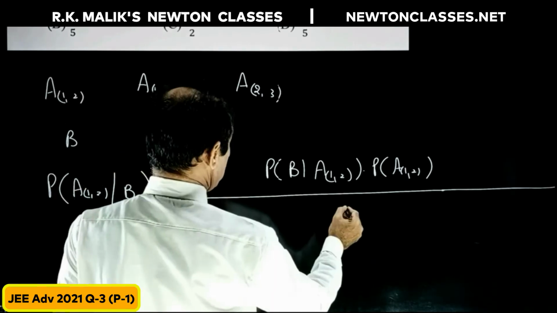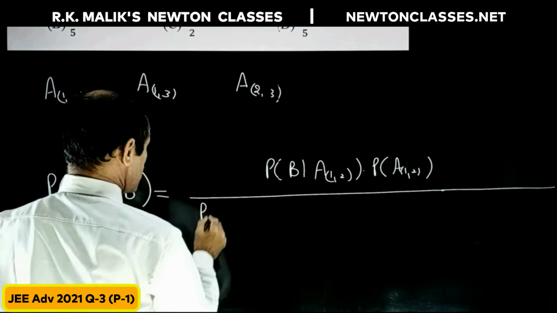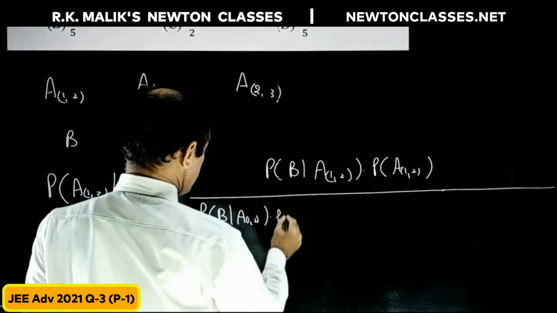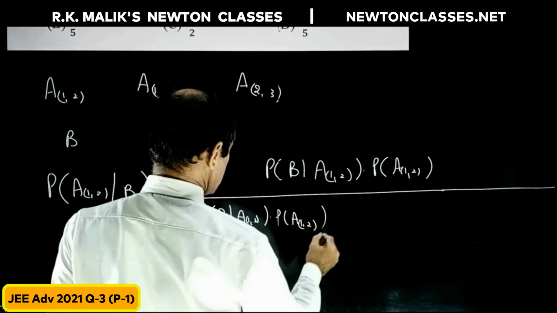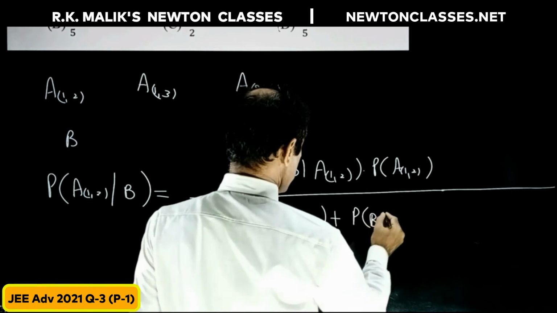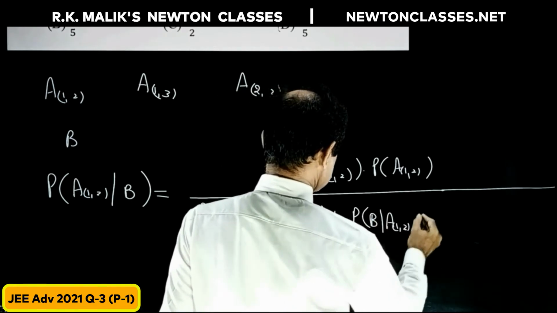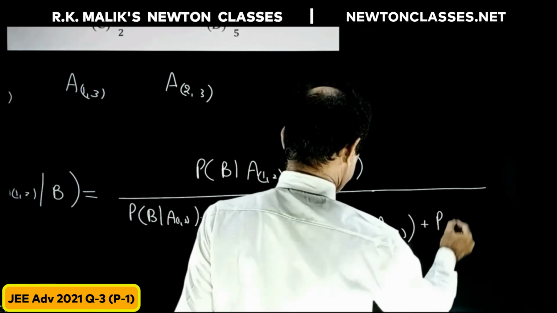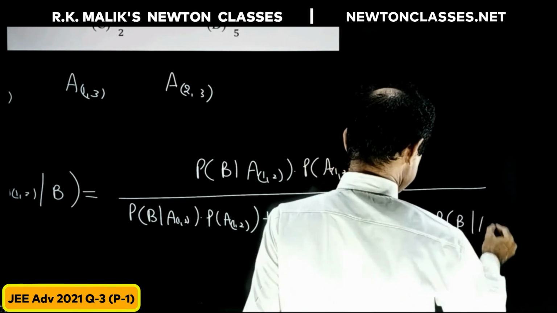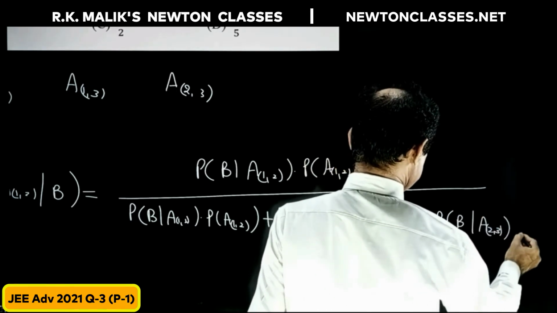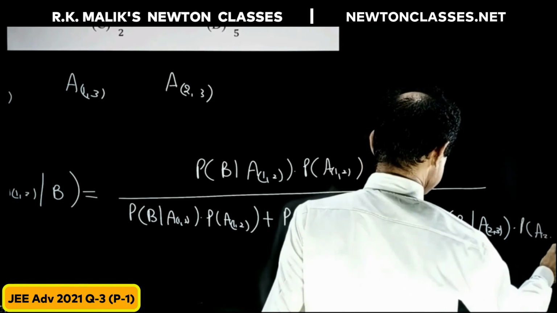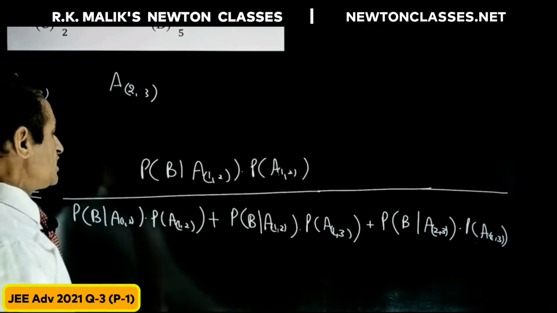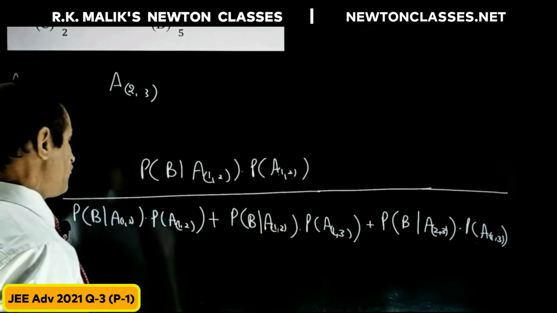Hence, according to the formula of Bayes theorem, denominator becomes P(B given A12) into P(A12) plus probability of B given A13 into P(A13) plus probability of B when A23 has already happened into probability of A23. And now I'll be finding the values of each of them and put back these values here.